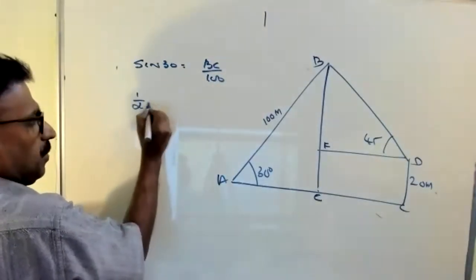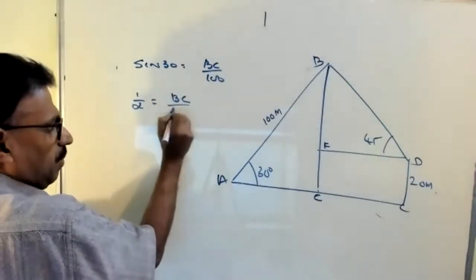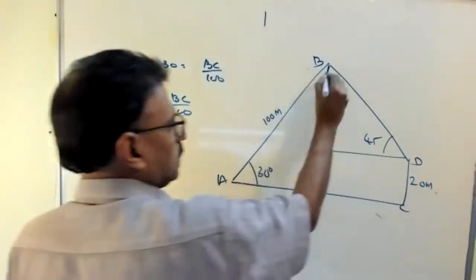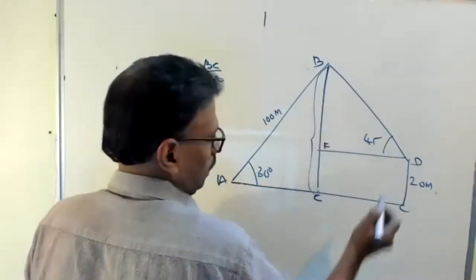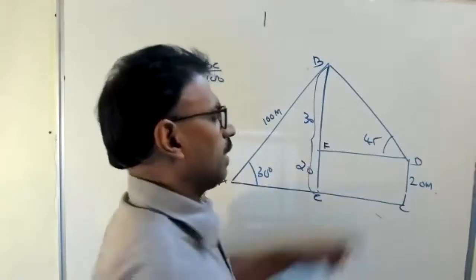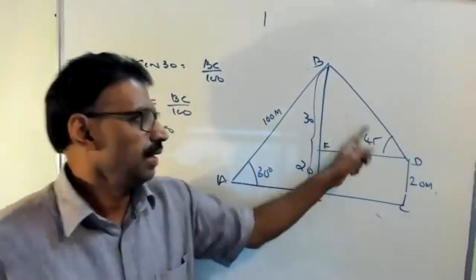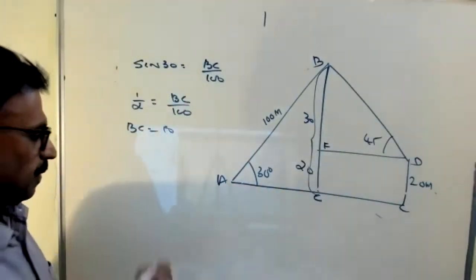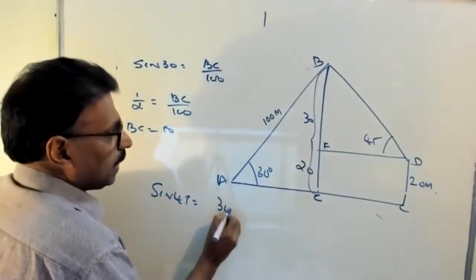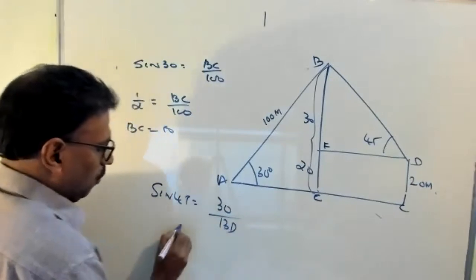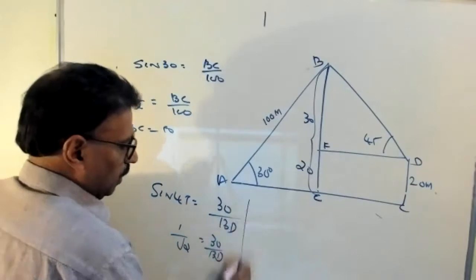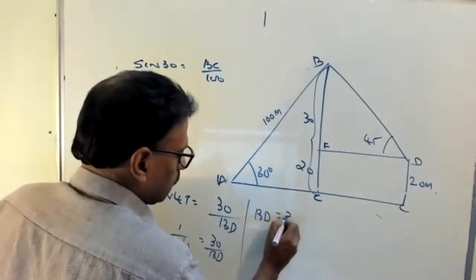Sine 30 is 1 by 2, so BC equal to 50. This distance is 50, but here 20, so this is 30. Now connecting these two, again our requirement is BD. Sine 45 equal to 30 divided by BD. 1 by root 2 equal to 30 divided by BD. Therefore, BD equal to 30 root 2.